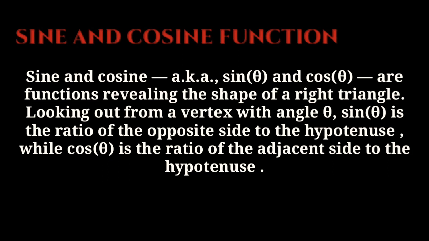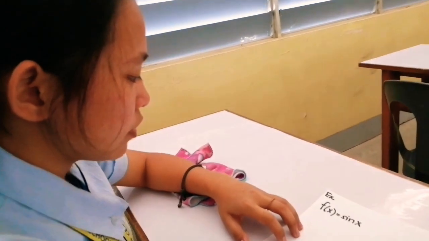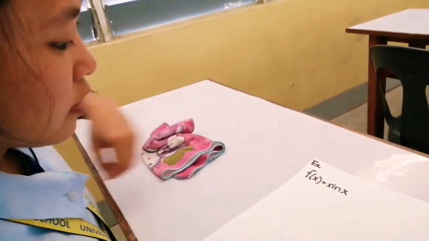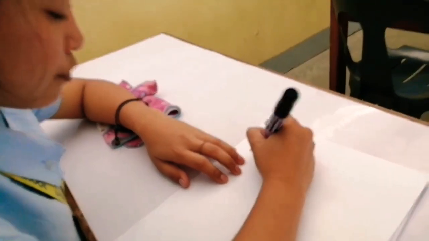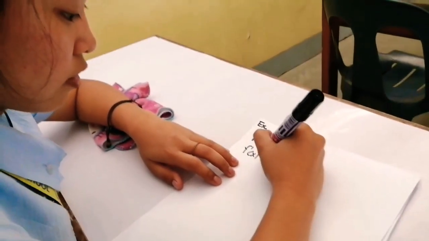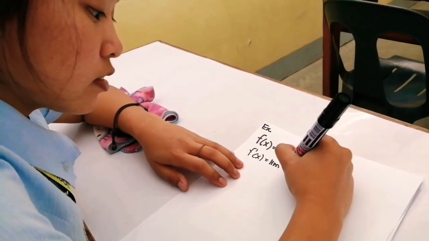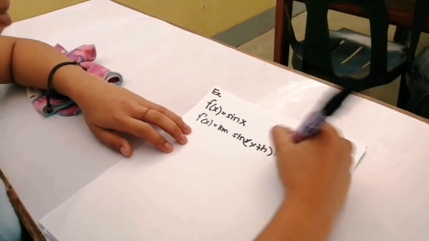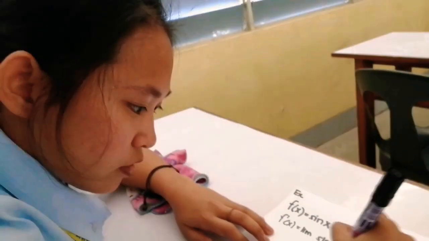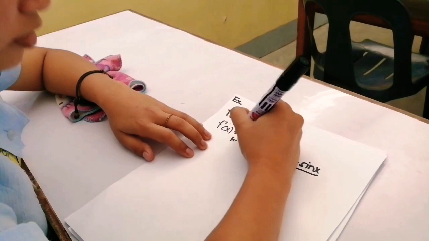Now, I'm gonna teach you another differentiation formula, which is the sine and cosine function. First example is f of x equals sine x. f prime of x equals limit of sine quantity of x plus h minus sine x all over h as h approaches 0.